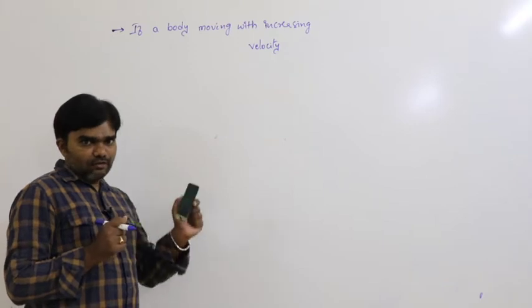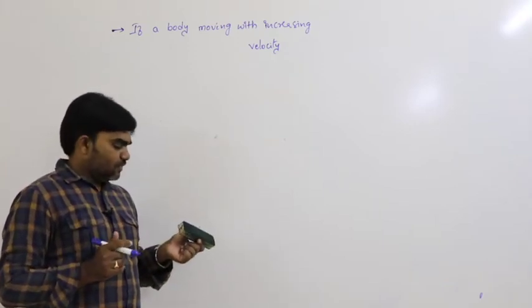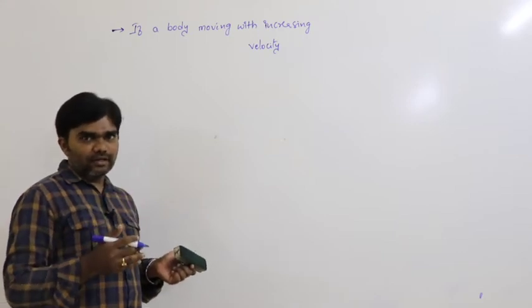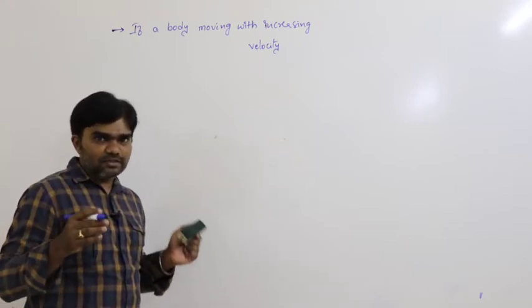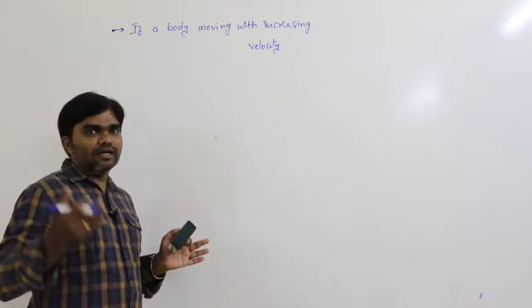For example, if we are driving a car, in first gear the speed limit may be 20, second gear 30, 40, 50. That means if we are changing the gears, the speed gradually increases.